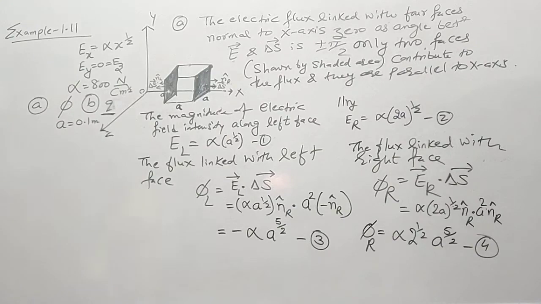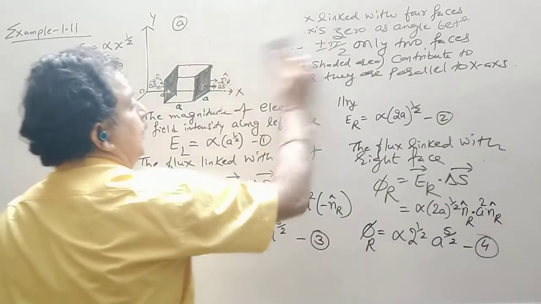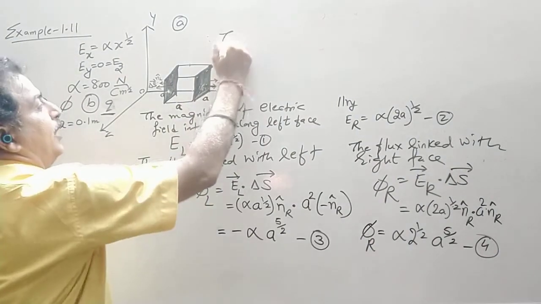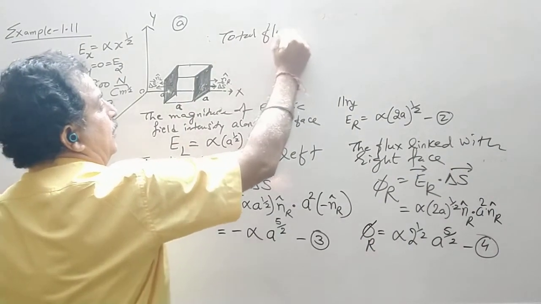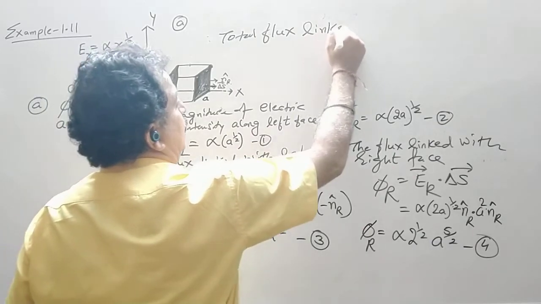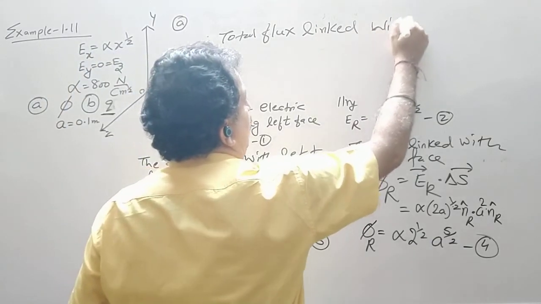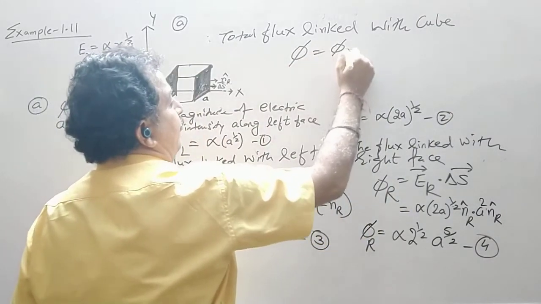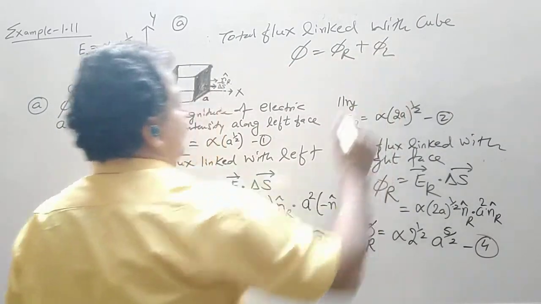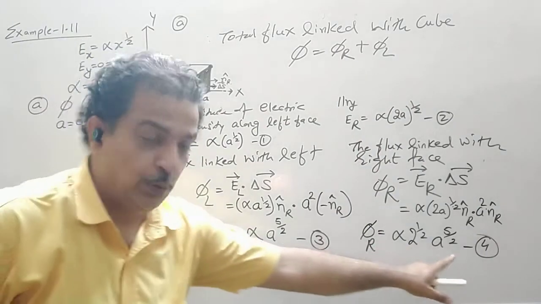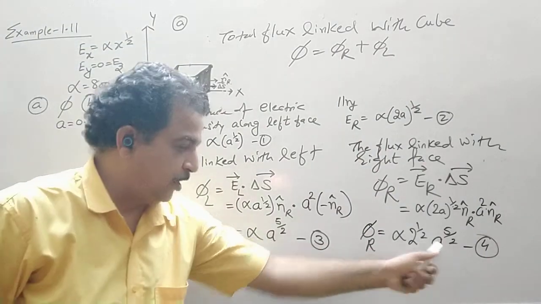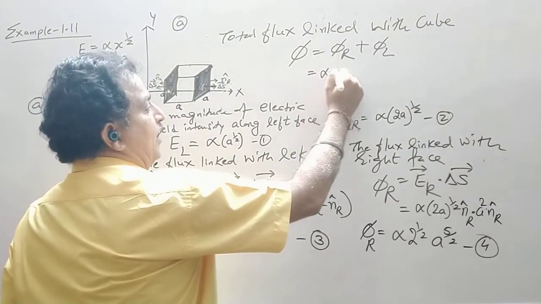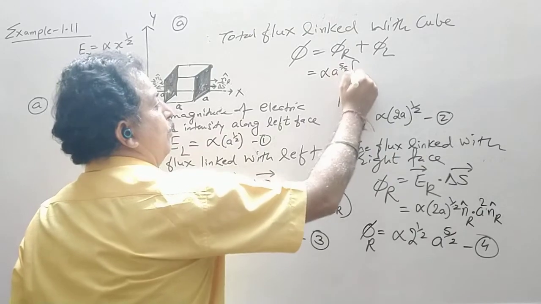Now we have to find out the total flux linked with this Q. So total flux linked with Q, phi is equal to phi right plus phi left. Substituting this value, we find that alpha and A raised to 5 by 2 are common. So alpha A raised to 5 by 2 is common.